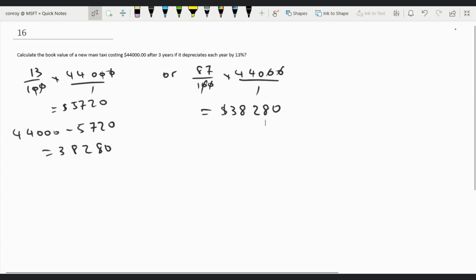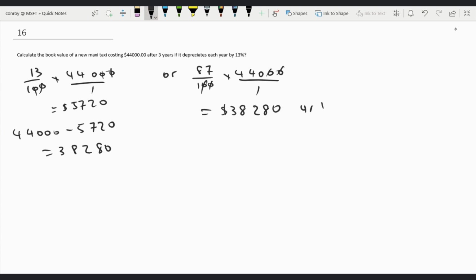So what we did, we subtracted the 13% out of 100, and we know we have 100%, the 13% depreciation. It's basically as if we are getting a discount or a loss. We would subtract that percent, and the remaining would be the cost of the item. This would be for year one.